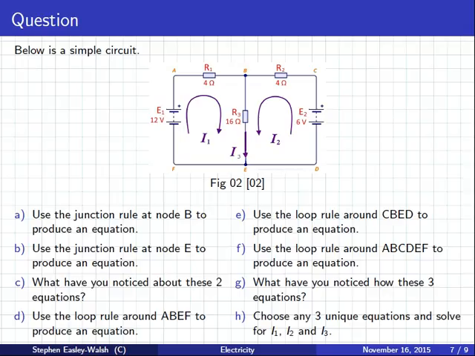Take your time. What do you think happened here? Yeah, we're going backwards through the battery. The battery wants to go this way, but we are going this way. So we lose 6. So it's minus 6 here, not plus 6.